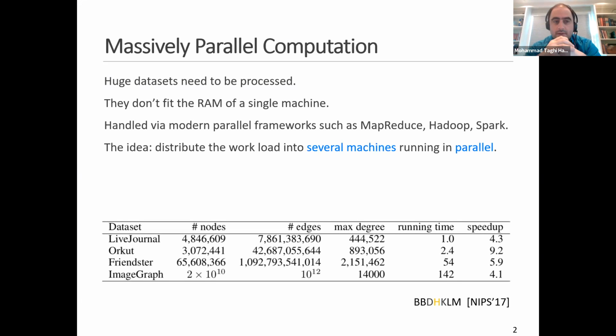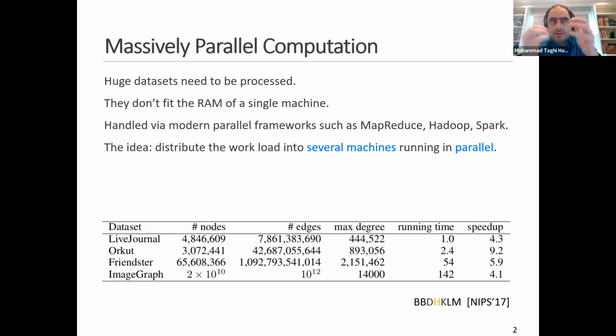So as we discussed, there are huge datasets that need to be processed. Usually we cannot even have everything on one machine. We need to have it on several machines. Particular modern parallel frameworks for this are MapReduce, Hadoop, and Spark.